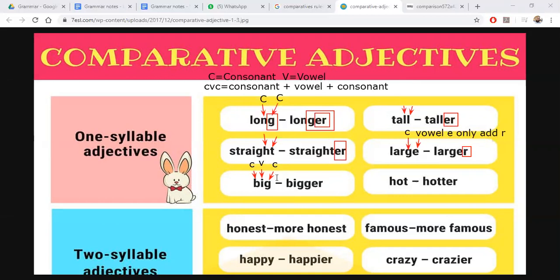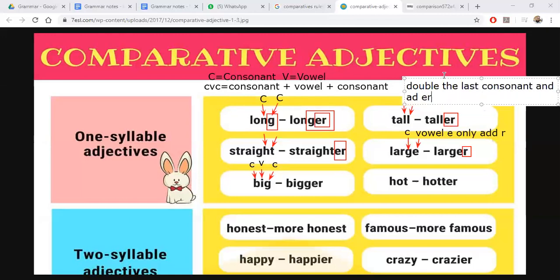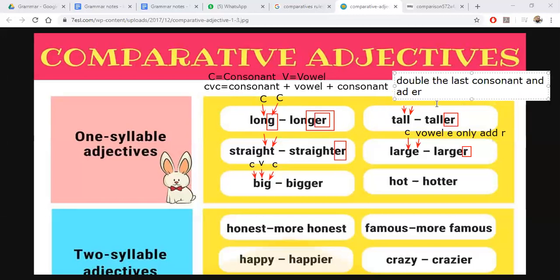So in here, what do we do? When we have this structure, we double the last consonant and we add er.